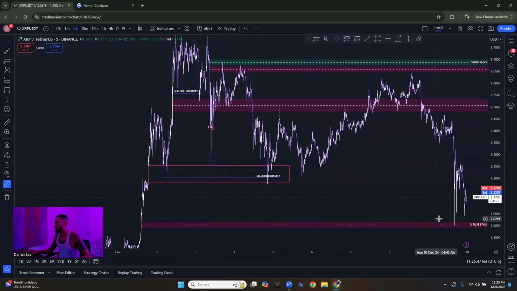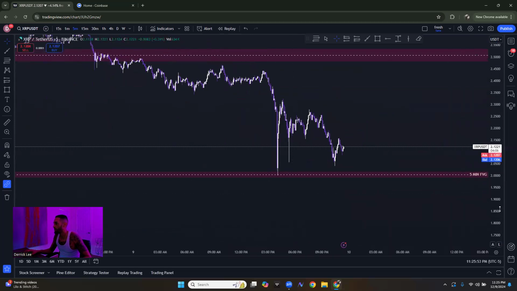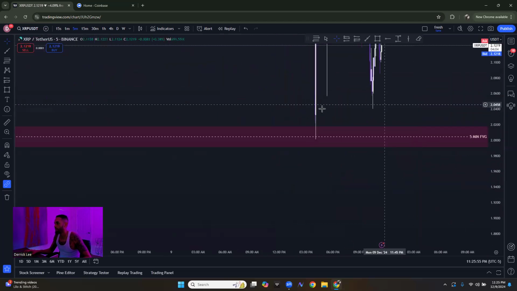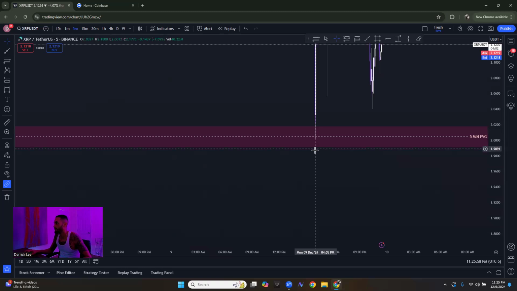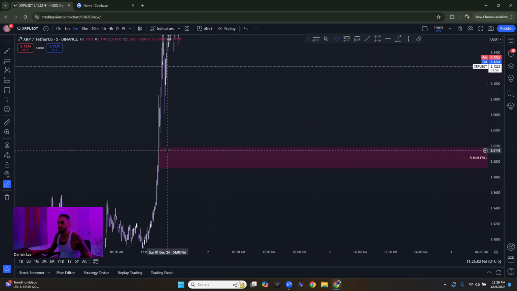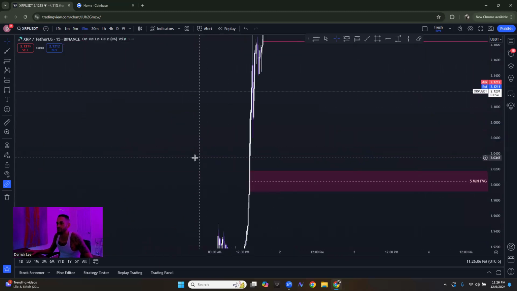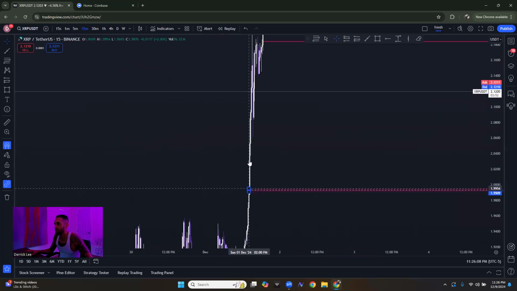We ran to this fair value gap. I guess I had it on 15 minutes. There we go.